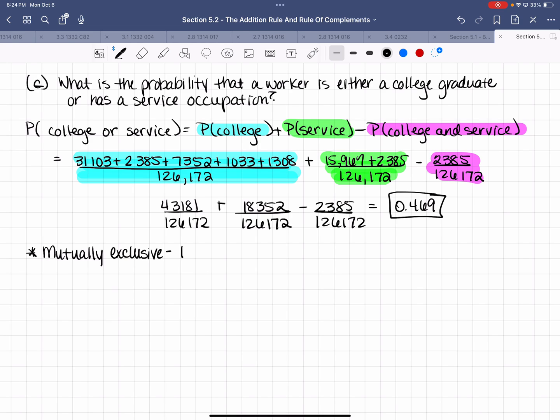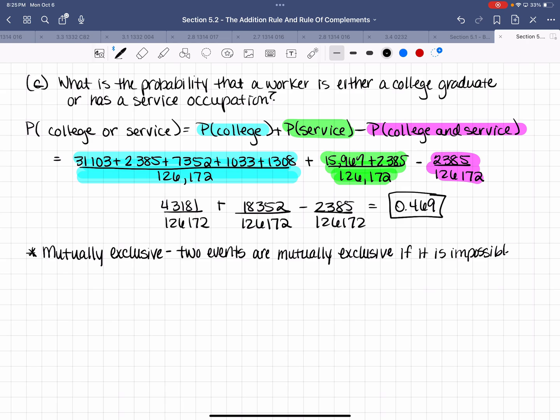We have two events are mutually exclusive if it is impossible for both events to occur.